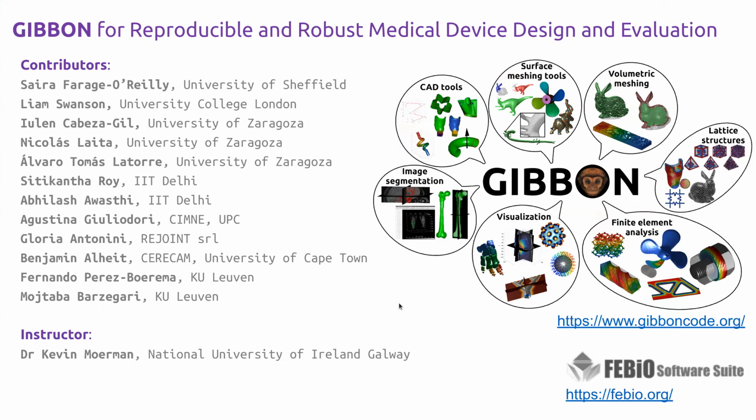Okay, so I'll start with the presentation for the hands-on 7. During this week, we've learned how to use the open source MATLAB toolbox GIBBON, which is a very versatile toolbox that allows you to do plenty of tasks such as surface meshing, volumetric meshing, and finite element analysis, for which it uses the finite element package software FEBio, which is also open source, so it's fully open source.